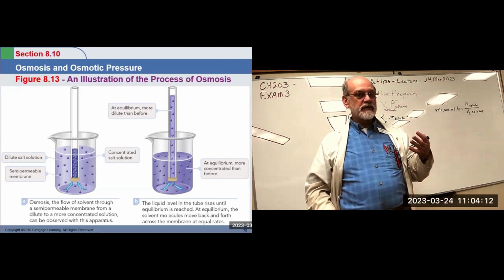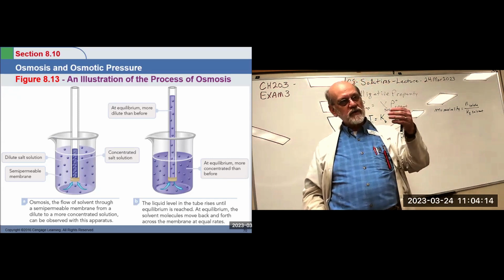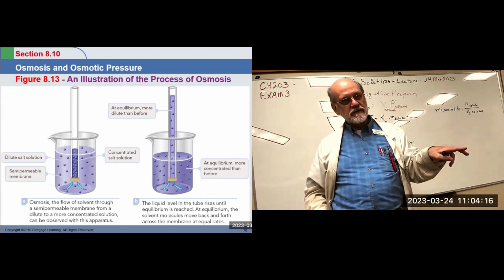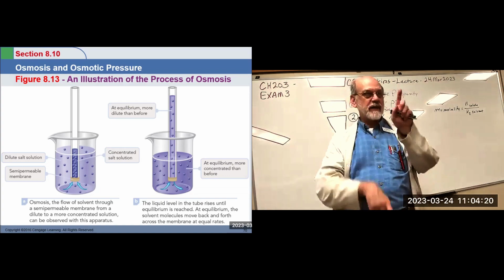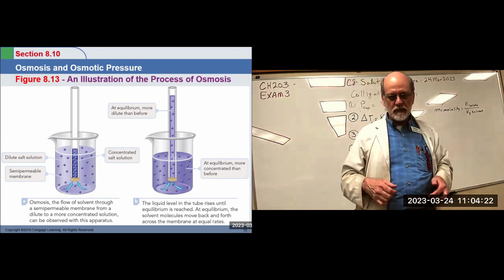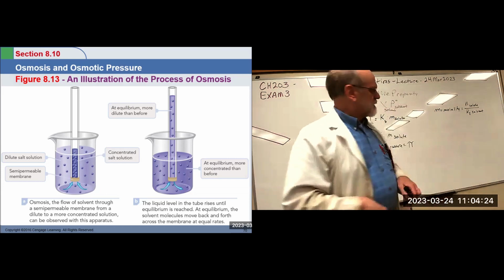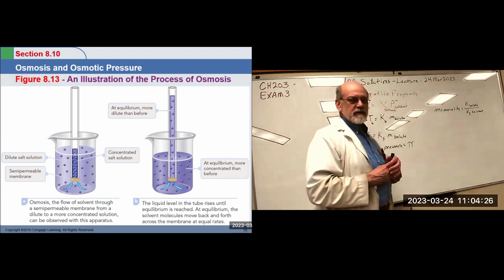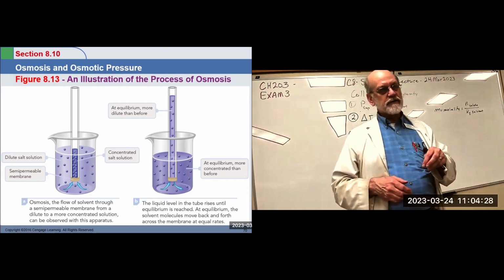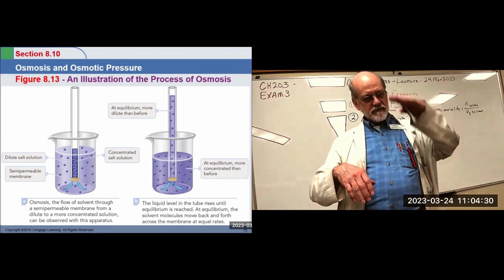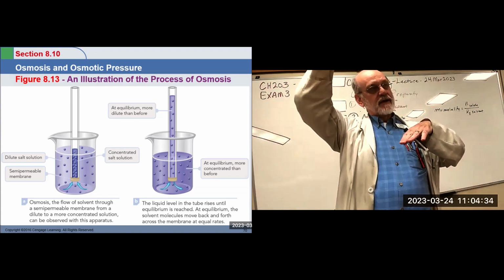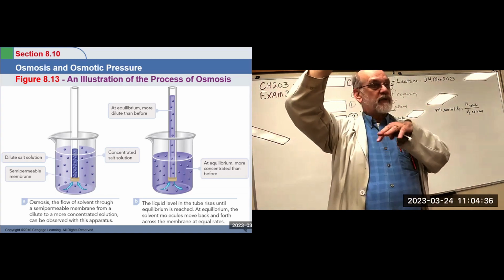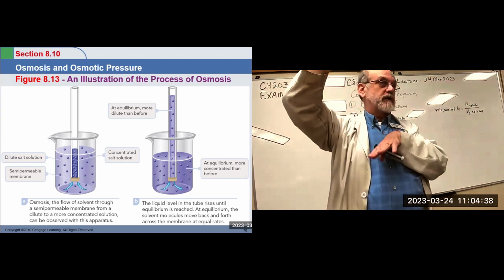The rate of movement of water from the tube into the outer solution is the same as the rate of water moving in. It's a dynamic process. So the osmotic pressure is a difference between the level of the solution outside and the level of the solution inside. If this is an aqueous solution, that would be like so many millimeters of water.